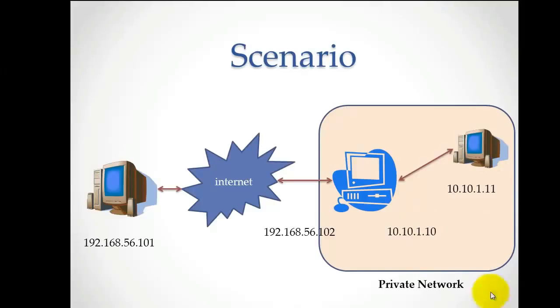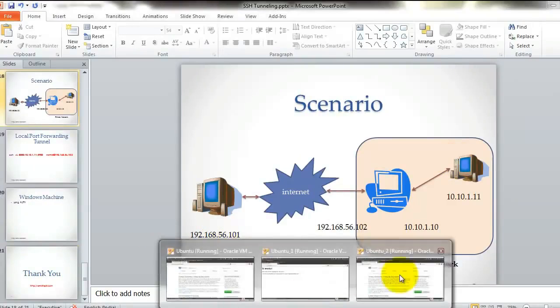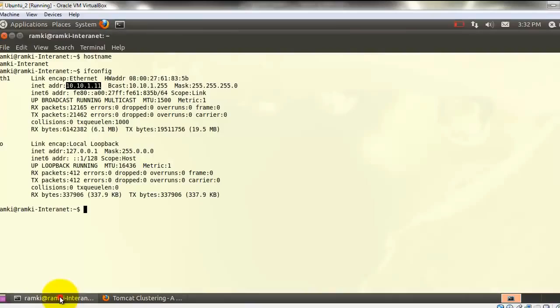Now you will see the remote desktop. Suppose there is a remote desktop running, like a VNC server, then from here we will get the remote desktop of that machine. Okay, this is our next goal. The next scenario is like this. This is that system, this is our intranet.